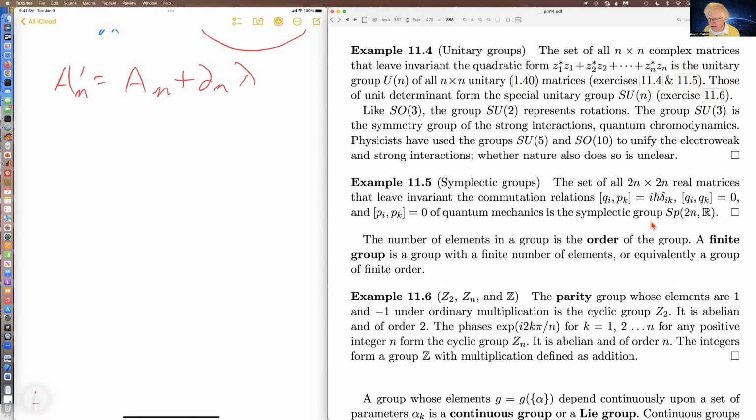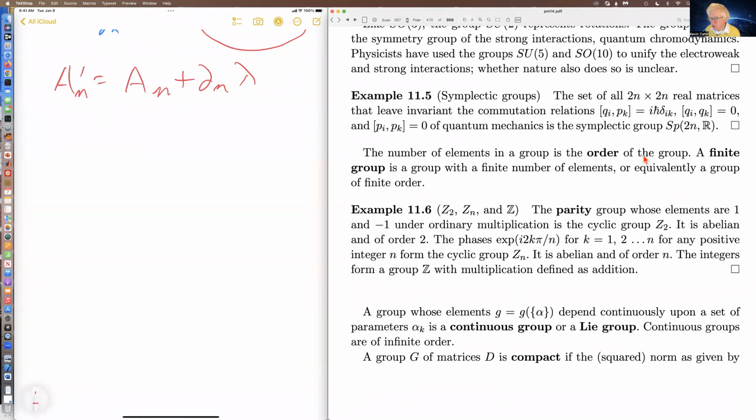They're sort of hidden in physics, but they're obviously important because, for example, the symplectic group can be thought of as the set of all 2n by 2n matrices that leave invariant the commutation relations of quantum mechanics. That's called the symplectic group Sp(2n), if there are n q's and n p's, over the real numbers.